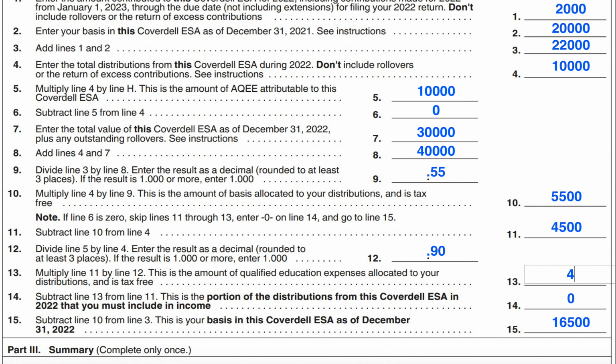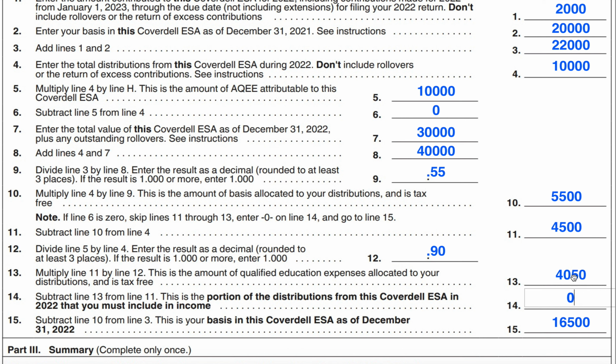Let's see, I think that's right. So 4,150, that would be the tax-free version, and then you would have to subtract this from the 4,500. You would be paying taxes on the $450. Sorry, 4,050. That's a little bit more like it, right? So that would be what would happen.